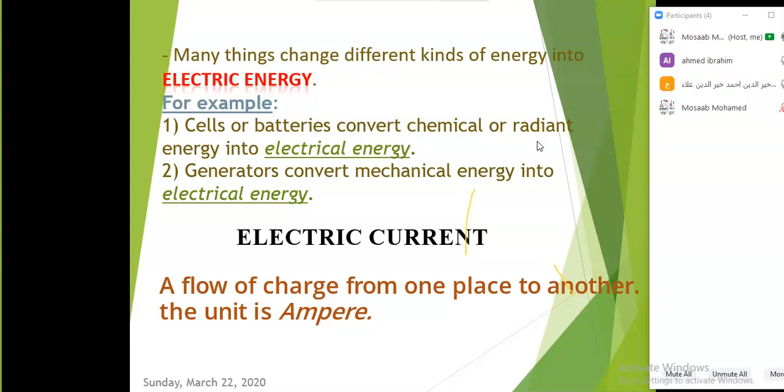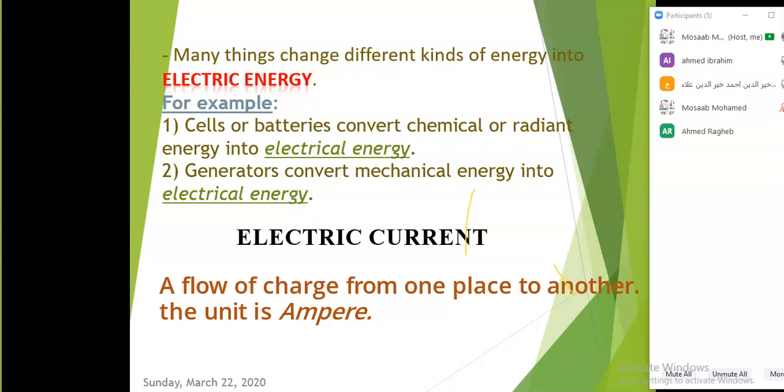Radiant energy here means light energy, like a solar cell. You know solar cell? Yes. A solar cell changes light energy into electrical energy. And also batteries in your phones change chemical energy stored in the batteries into electrical energy.